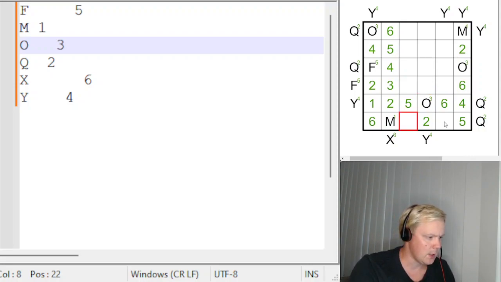So what are these then? These must be 3 and 4, and they're not restricted. We don't know. And there are no limiting clues here. There's no clue here, no clue here, no clue here. And this clue doesn't care which number this is, because it's behind the 6. So let's look at something else then.